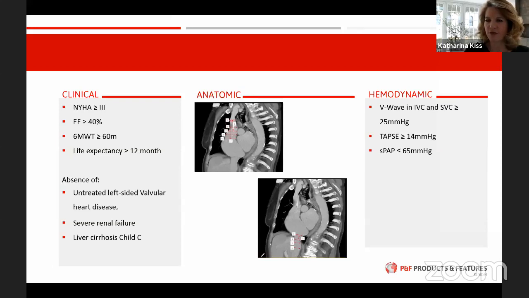In the clinical trial, we were excluding patients with severe pulmonary hypertension in order not to mix up 2 different entities. As I already stressed, these are the parameters for the clinical trial, so this will be reevaluated and probably will be softened for daily use.